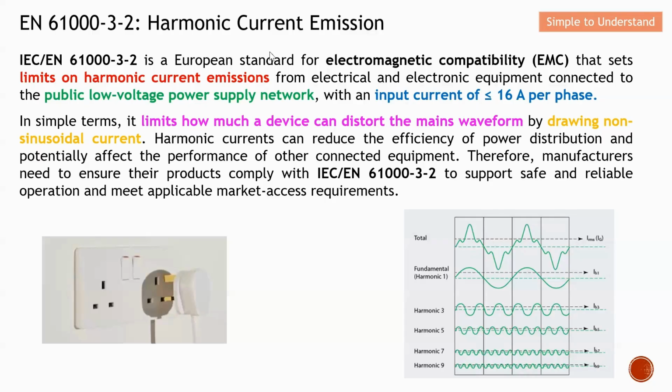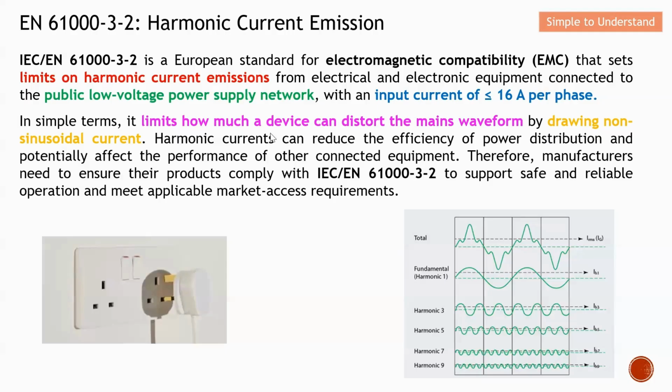Like I mentioned earlier, 61000-3-2 is a CE standard. It limits the harmonic current emission from electrical and electronic equipment that typically has a current of less than 16 ampere per phase.